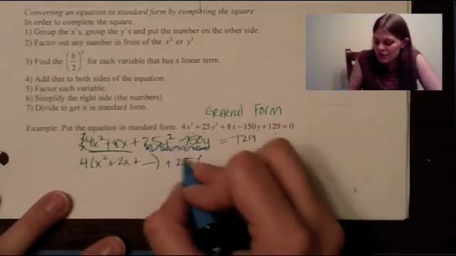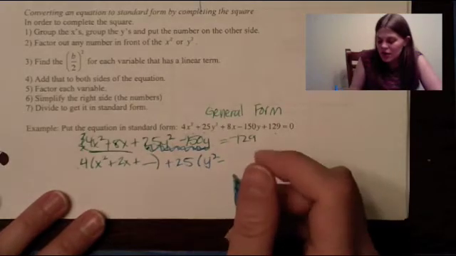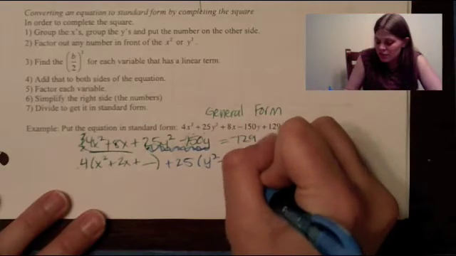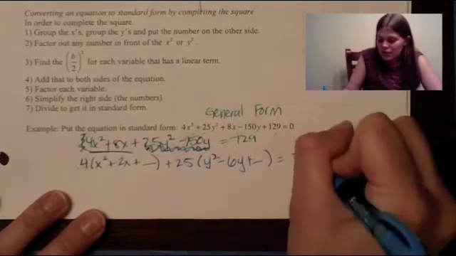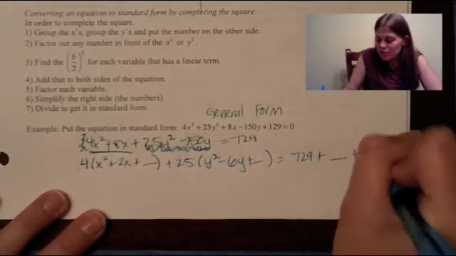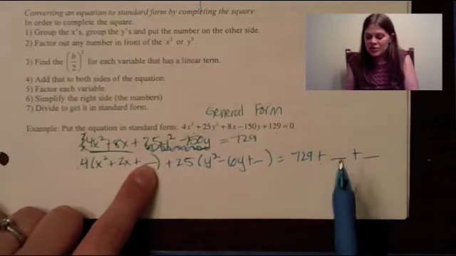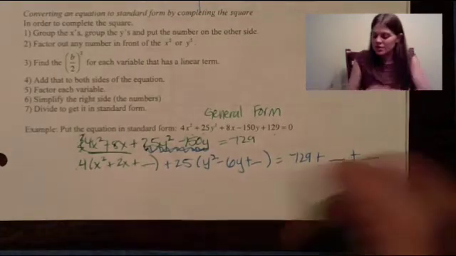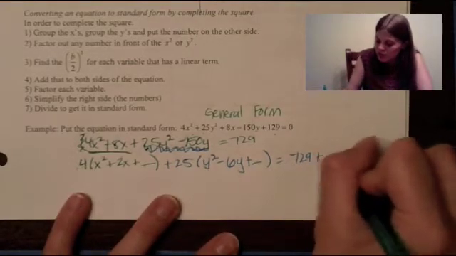If I factor out the 25, I have y squared minus 6y, since 25 goes into 150 six times, plus blank, equals negative 129, and I'm going to put plus blank plus blank on the other side. Because remember, in order to keep your equations equal, if I add something on this side, I have to add the same thing on that side. So I can change this to green so it color coordinates.